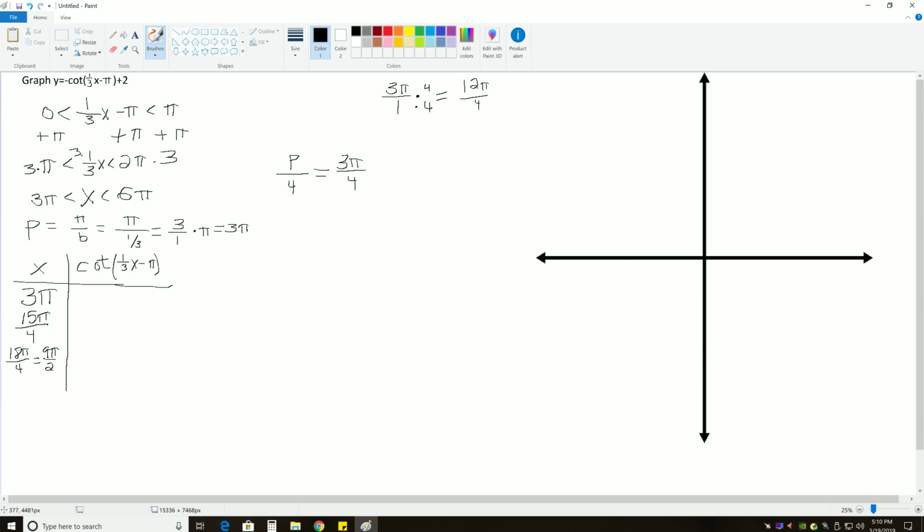If we add 3 pi over 4 to that again, we'll get 21 pi over 4. And now one more time, we'll get 24 pi over 4, which simplifies down to 6 pi.